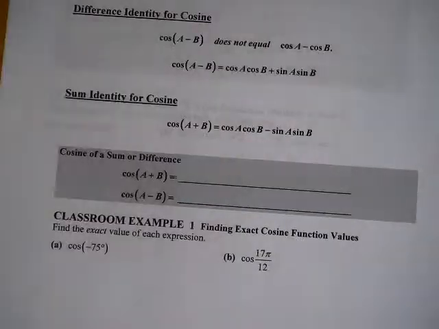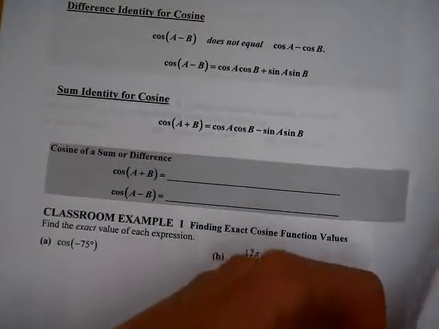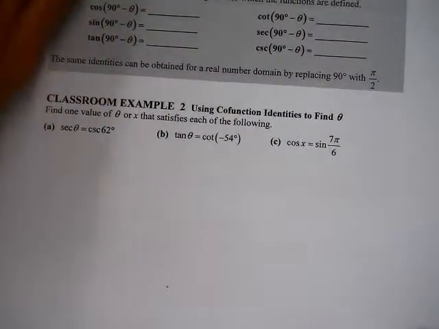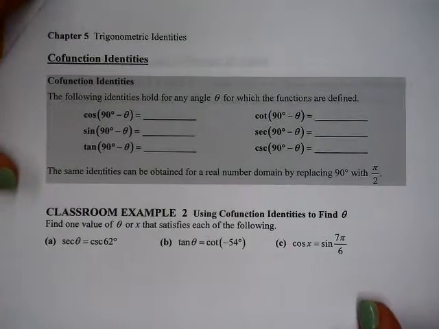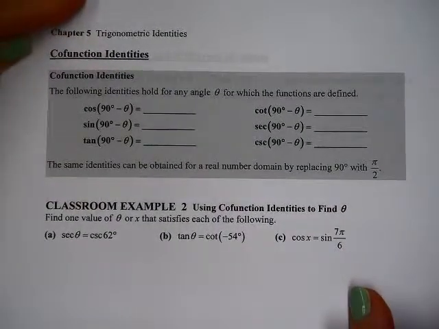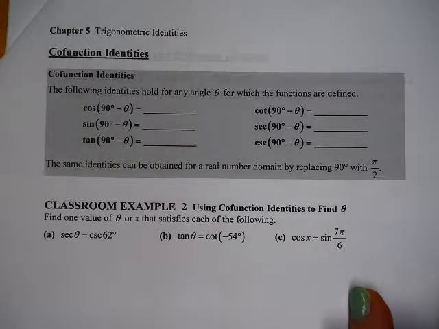All right, the first thing I'm going to do, before I get to sum and difference identities, is look at your cofunction identities, because this is a review. We did them way back in chapter 2 or 3. You may not remember that.